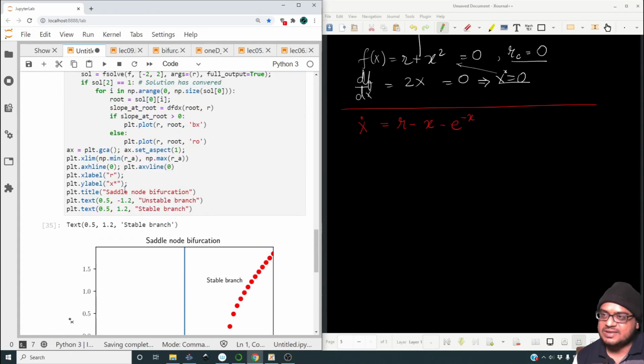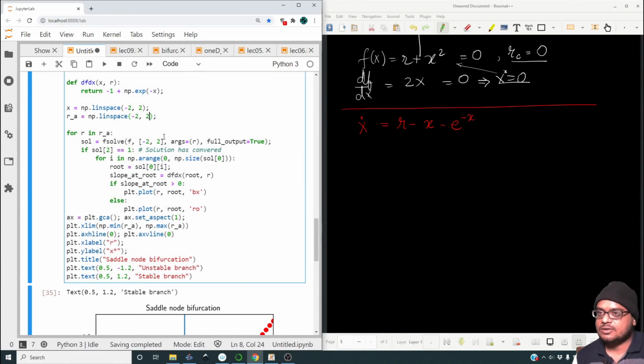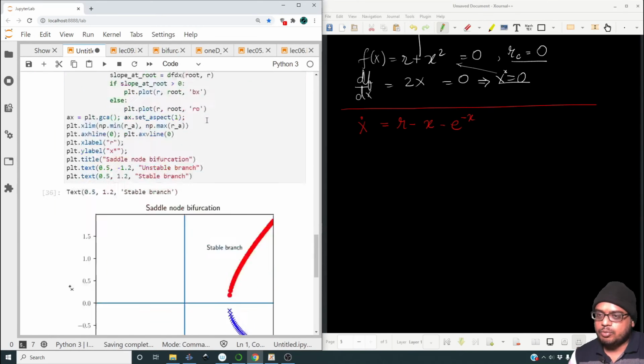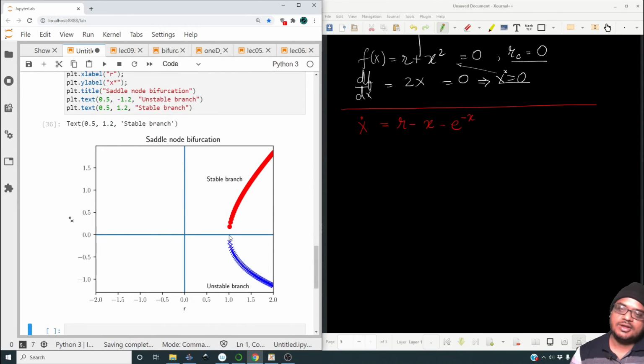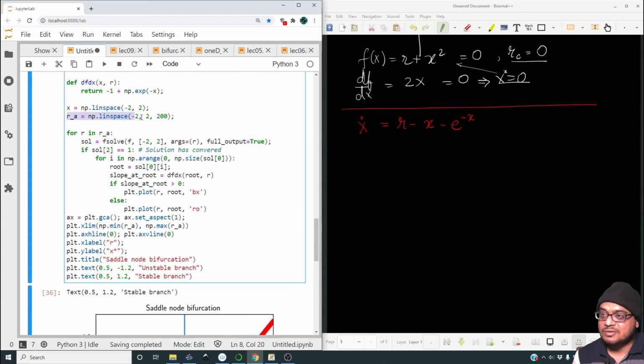I mean, we could obviously increase the resolution of the r. So let us increase the resolution of r. Let me take 200 points to pinpoint where that happens. Okay, actually it's very difficult to pinpoint by just looking. So what you should do is find out the first occurrence of r where this condition fails.